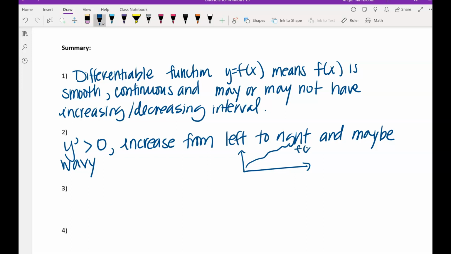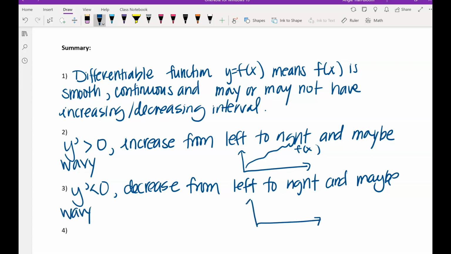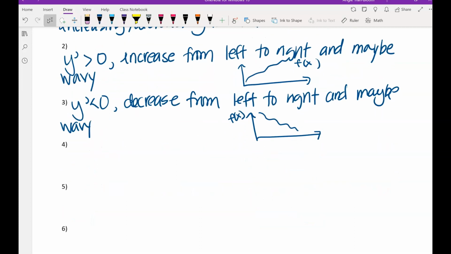This is an f of x function. Now y prime that's negative means it's a decreasing function, so it decreases from left to right, and again, maybe wavy. So yours could be like this. Again, this is f of x. We're using the first derivative to test for increase and decrease.